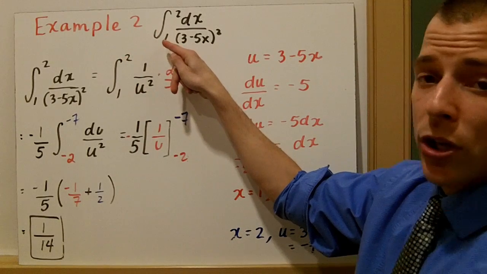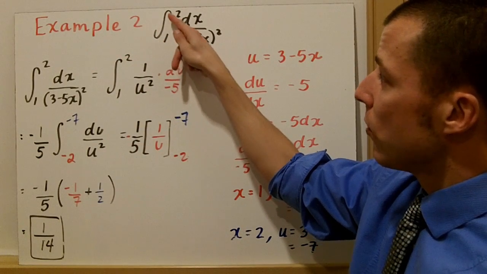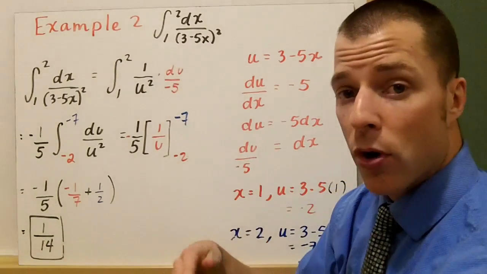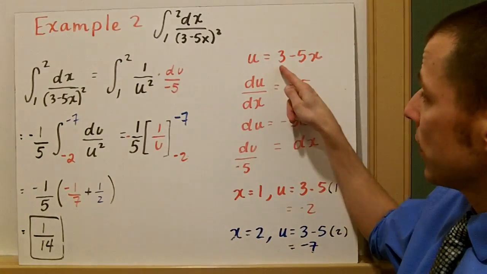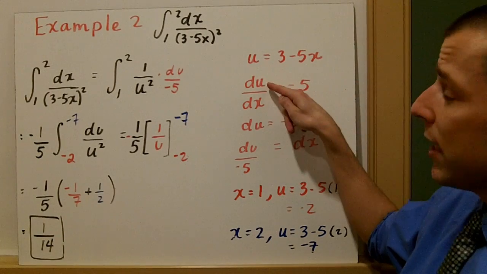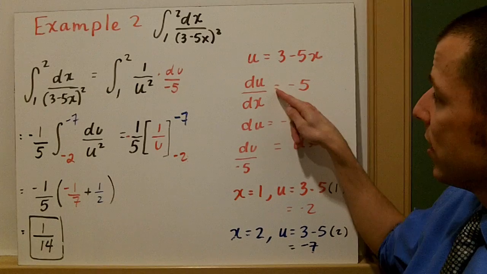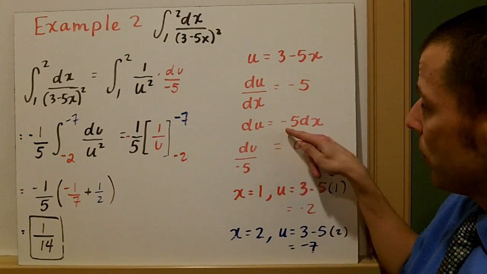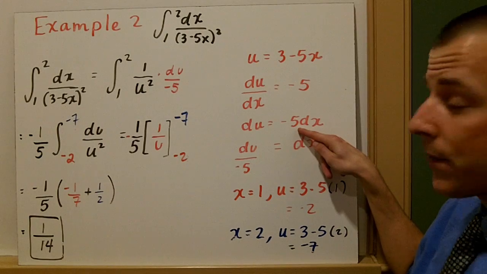Example 2 says we're going to go from 1 to 2. We're going to integrate dx over 3 minus 5x. So as before, we're going to pick u. In this case, we're going to let u equal 3 minus 5x. Taking the derivative, you get du dx. That's equal to negative 5. So we solve for du, we get negative 5 dx.